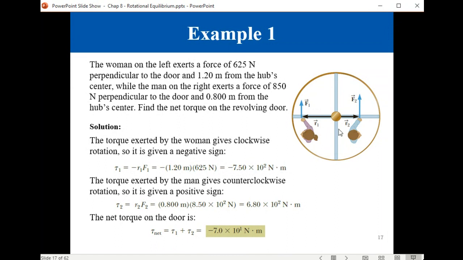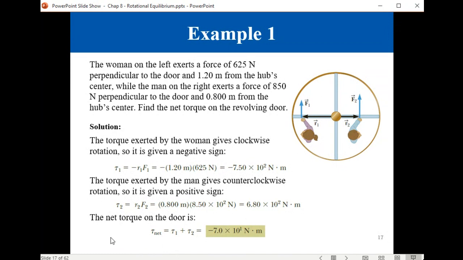For the other force, this creates rotation counterclockwise around the hub, as you can see from the motion of the mouse on the screen. So the torque due to F2 is positive. Tau 2 is R2 F2, 0.8 multiplied by 850. This is 680 newton meters, and it is positive.